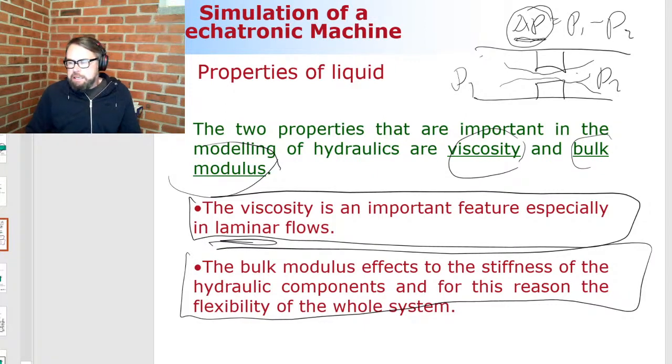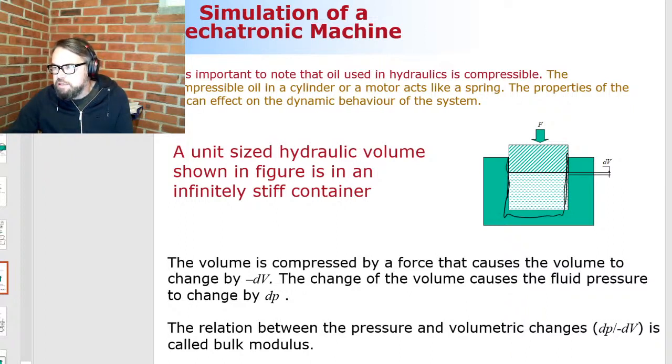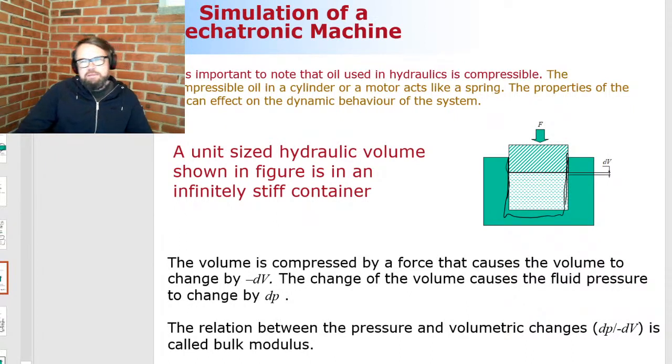Okay, so how can we compute this bulk modulus? That's actually very simple. To understand it, we have to set up an experiment. We're going to build a unit-size container. The unit-size container will be made from a material that is rigid. Well, you know that in real life there is no such thing as a rigid material.